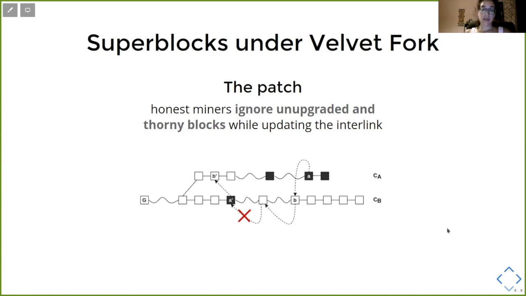And this is not as good, because such thorny blocks like A prime do belong to the honest chain and have some representative amount of the hashing power in the honest chain. So we can say that by doing this, the hashing power in the honest chain is somewhat diluted.